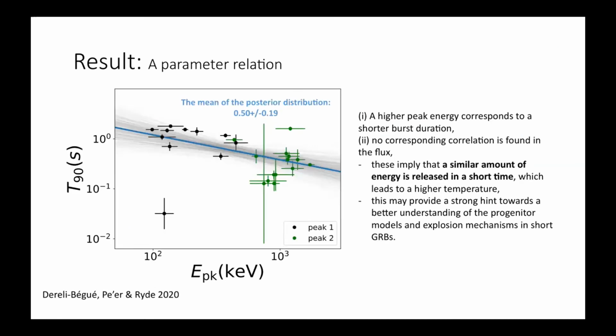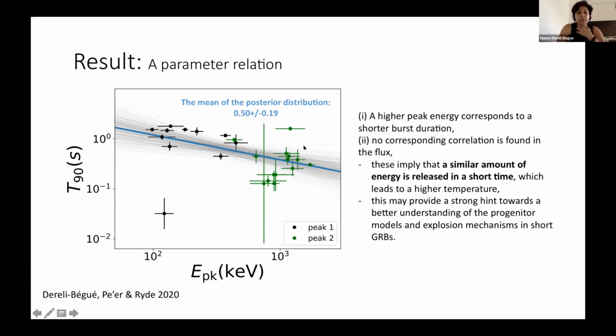So we also made the parameter correlation check for those samples above the synchrotron line, and we find that there is a correlation between the T90 and the peak energy. As you can see here, the mean of the posterior distribution is 0.5, and you can see here the spread of the posterior distribution for this correlation.